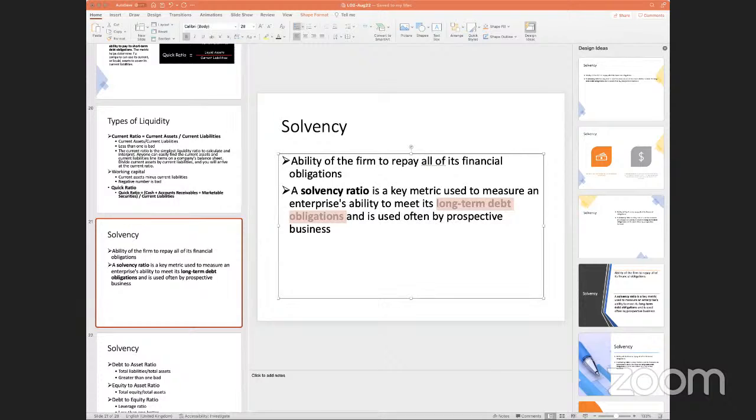The solvency ratio is basically calculated by dividing the company's after-tax total income, adding depreciation, by the sum of liabilities.